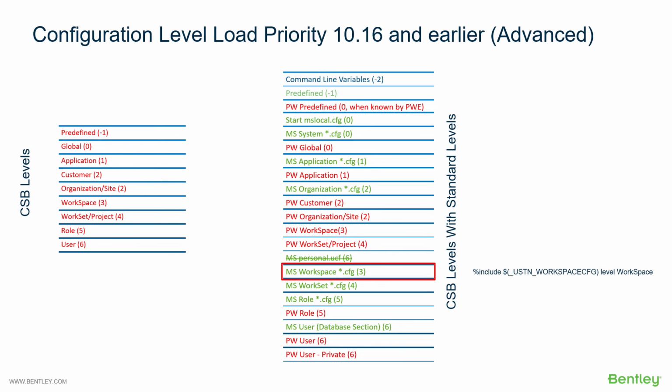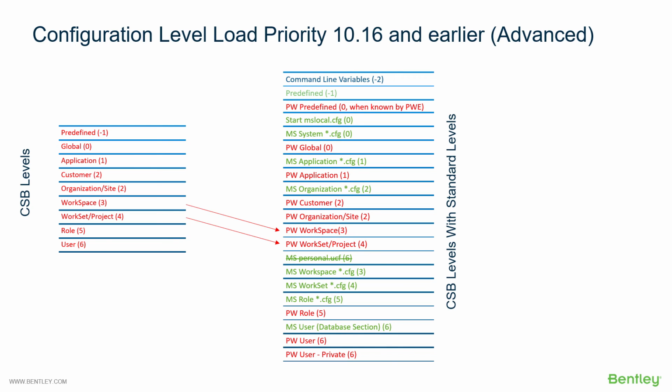As can then be expected, when it sees the workspace CFG files, it then loads the customer and organization/site CSBs so that workspace name and workset name can be defined in the CSBs.